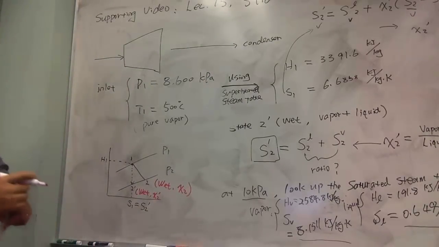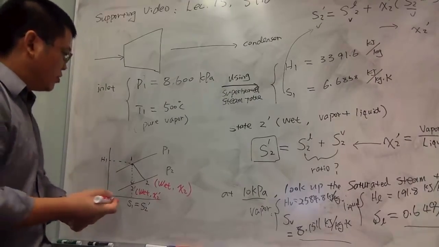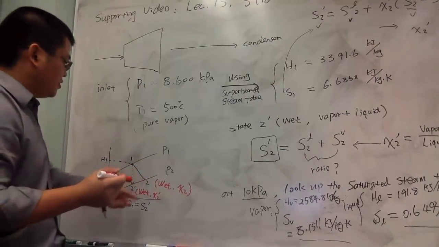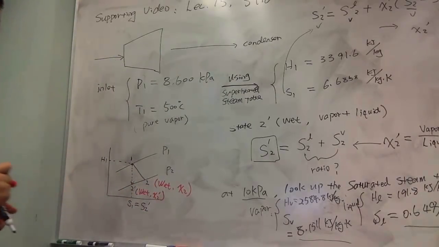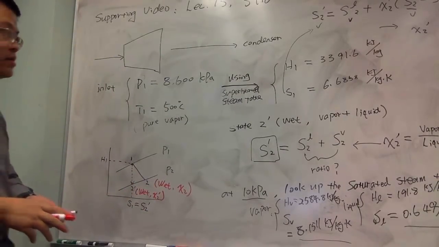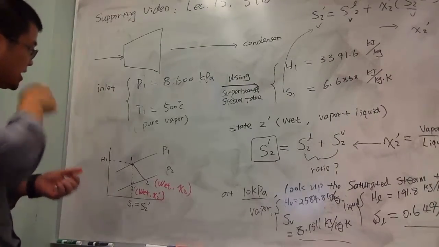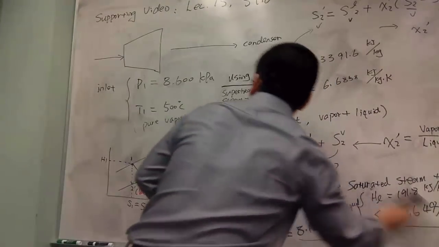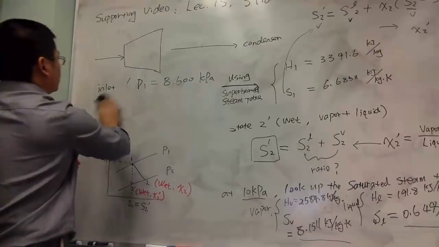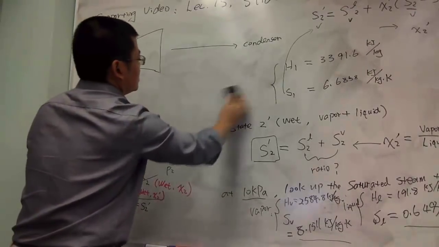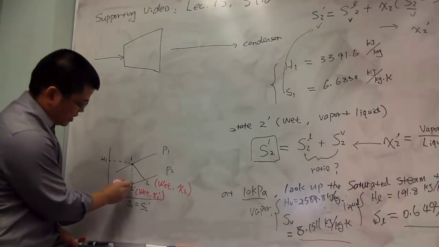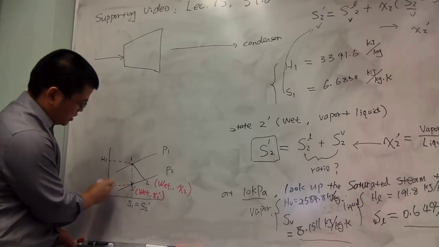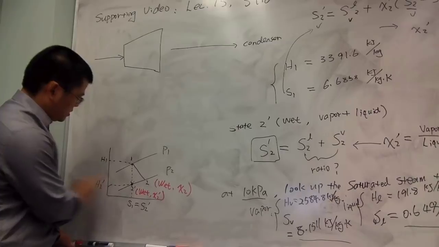So using the isentropic process, we are able to solve for this x2 prime. So with that information, then we can use this x2 ratio. Now I have this x2. Then I can calculate what would be h2 prime.